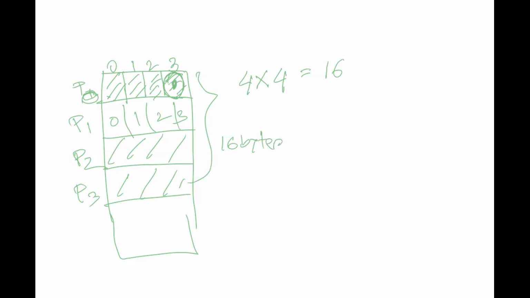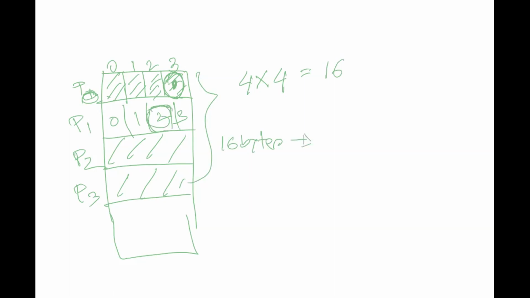So how can the CPU execute any particular byte of data? Let's see.